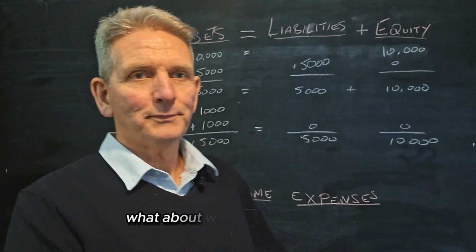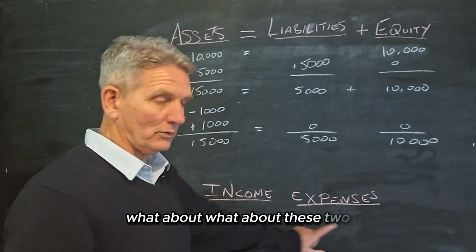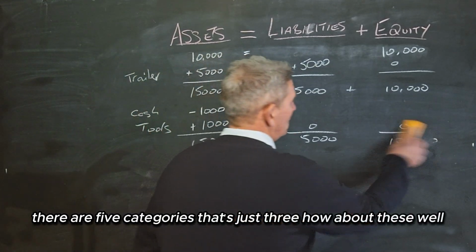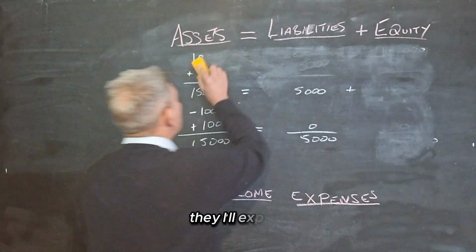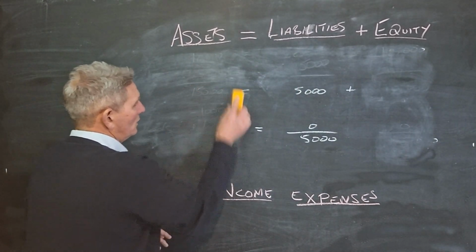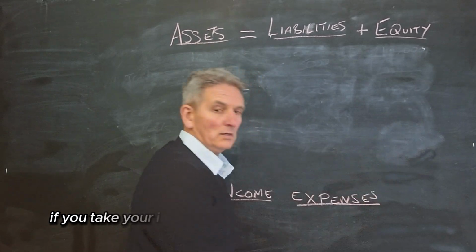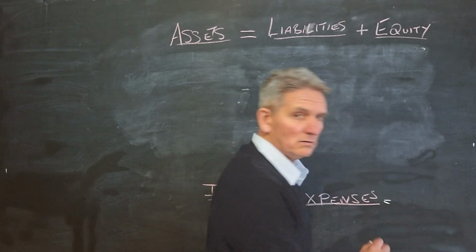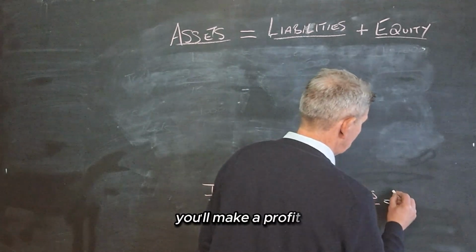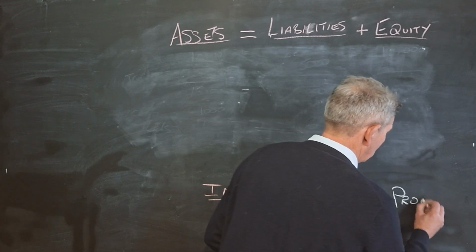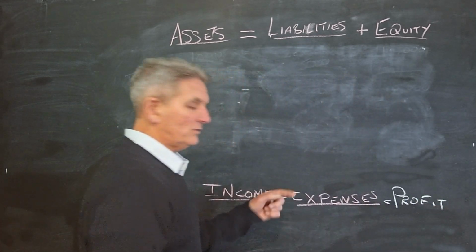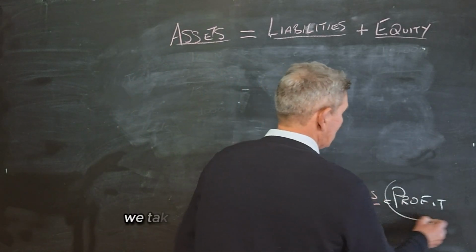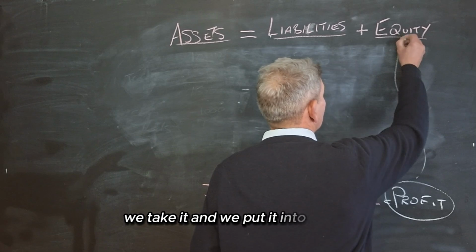What about these two? There are 5 categories, that's just 3. How about these? Well, I'll explain. If you take your income and subtract expenses, hopefully you'll make a profit. Sometimes you make a loss, and that profit, we take it and we put it into equity.